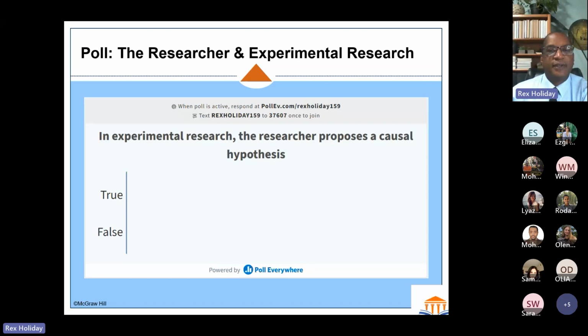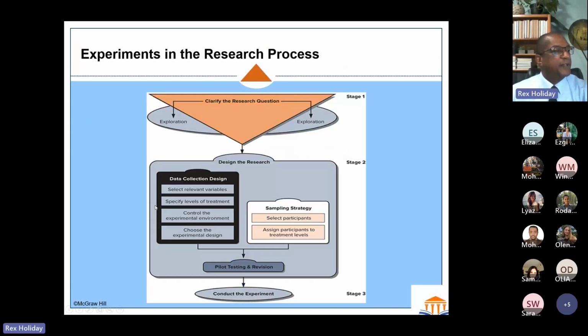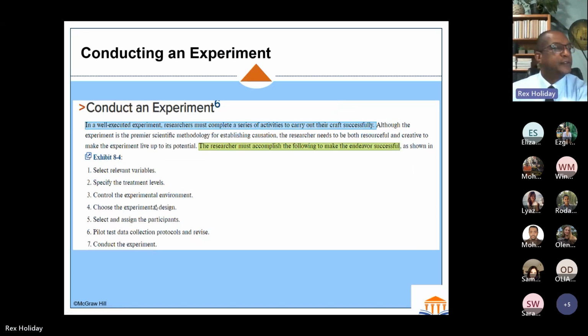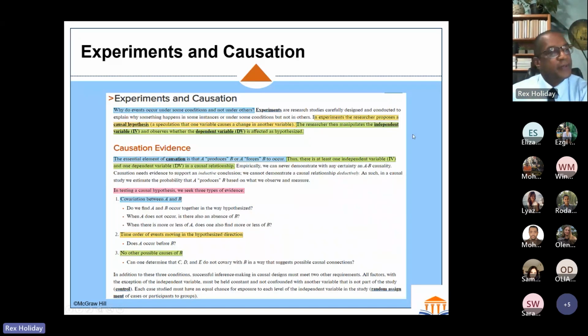Good. Very good. Okay, let me go back and see if we can find a slide that will help us with that one. Right here, what does this say?